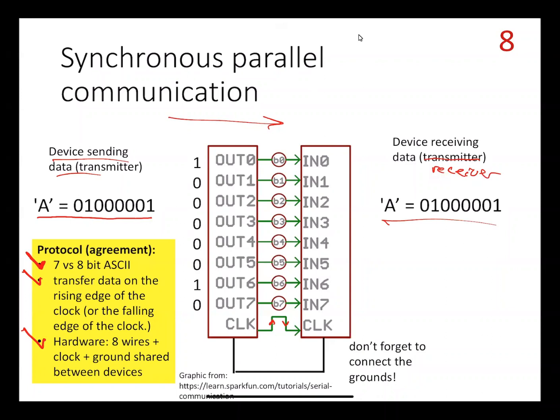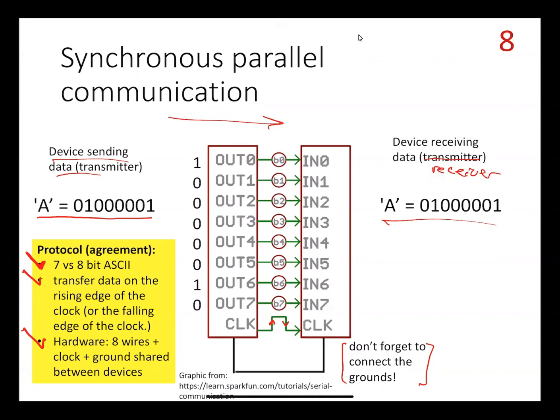And I made a point here of saying, don't forget to connect the grounds. Some drawings don't actually show the grounds. And sometimes, particularly when people are beginners at this, they'll hook things up and they'll forget to connect the grounds between 2 different machines. And you don't want to do that because these bits are going to be sent out 1 or 0.